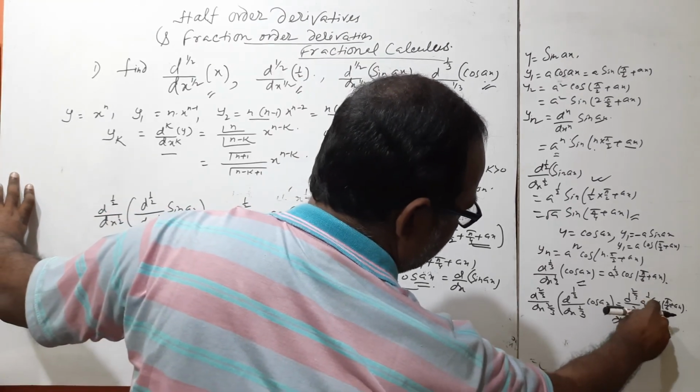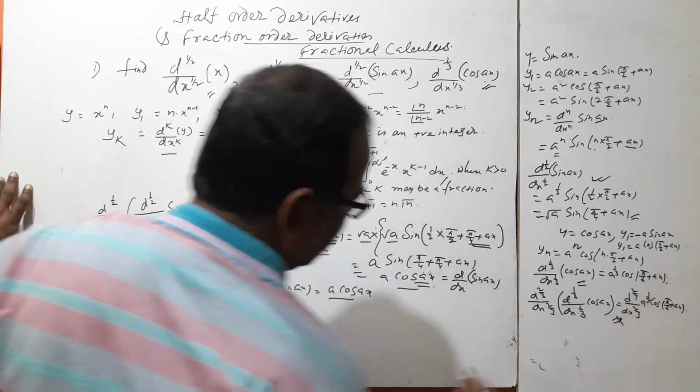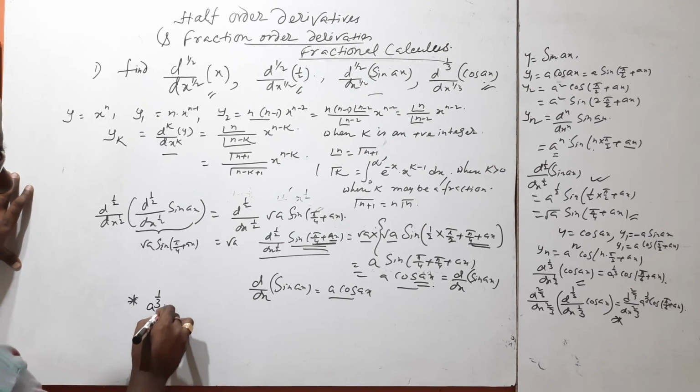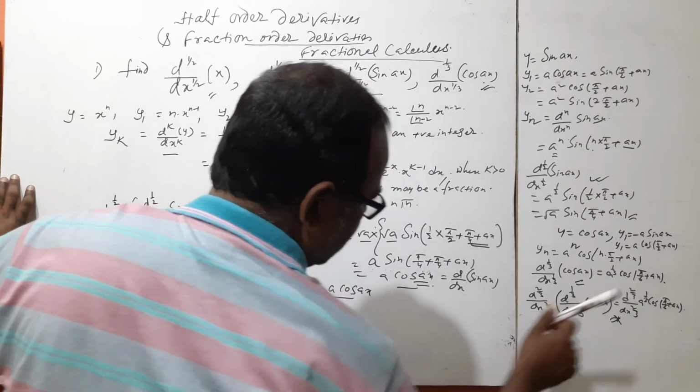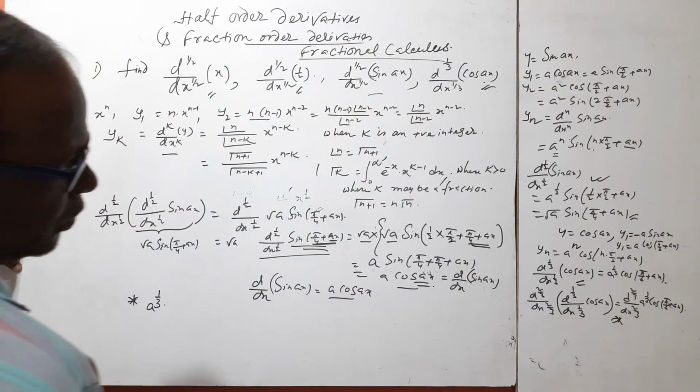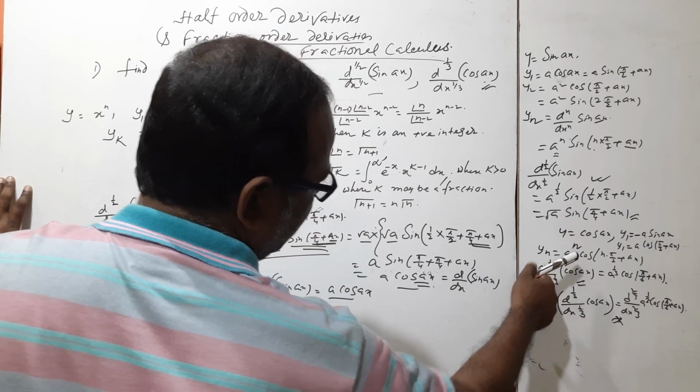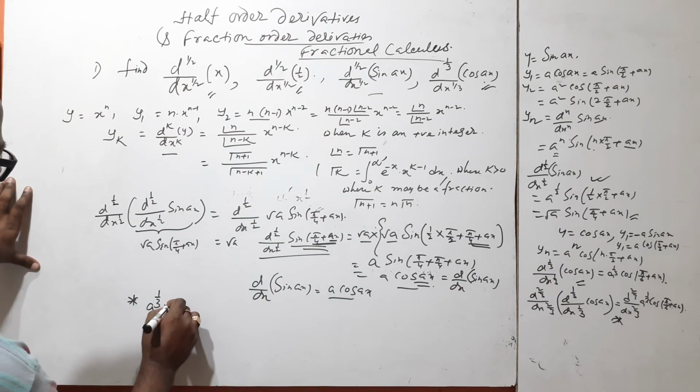This is a to the power 1/3, and cos. So for the nth order derivative of this, a to the power 1/3.